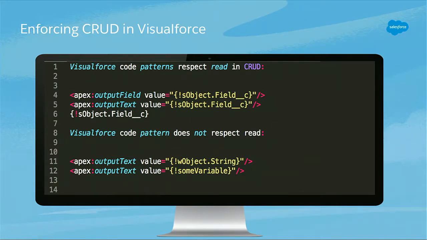However, if you take the raw value out, so I take the annual revenue, $1 million, and put it inside a variable or a wrapper object, you're taking it outside the context of the system. You're putting it inside a variable that the system doesn't know the access to, so it won't be able to enforce that for you, and you'll have to do it inside your Apex controller.